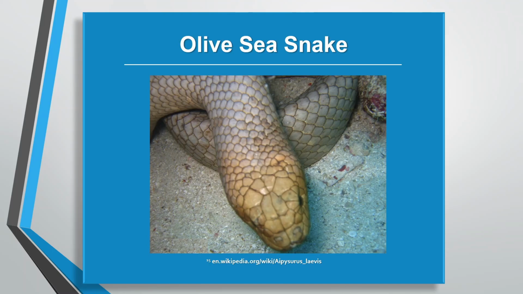Olive sea snakes have nostrils that can close, enabling these snakes to hold their breath and remain submerged for up to 90 minutes while diving to depths of 130 feet. Their tails are flattened like an oar or a tail fin on a fish, which is used to propel the snake through the water like a fish.